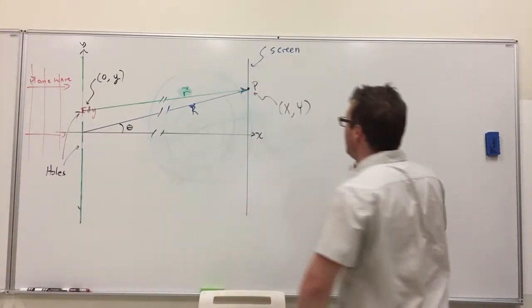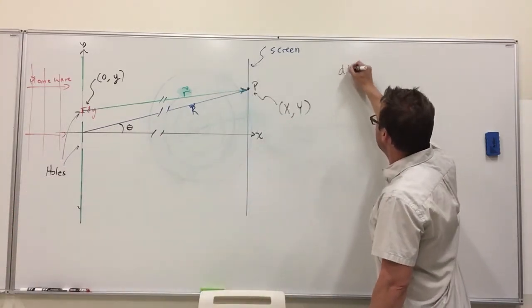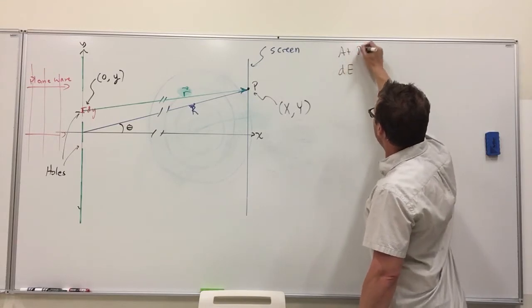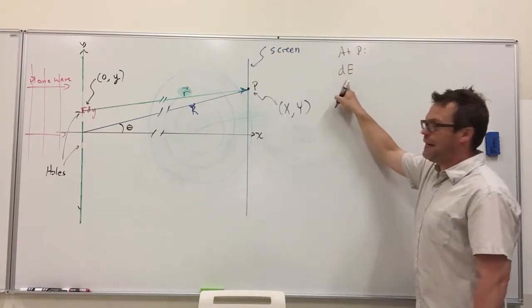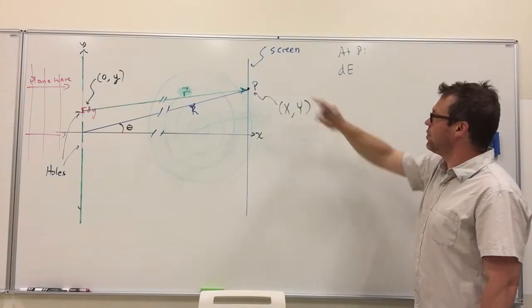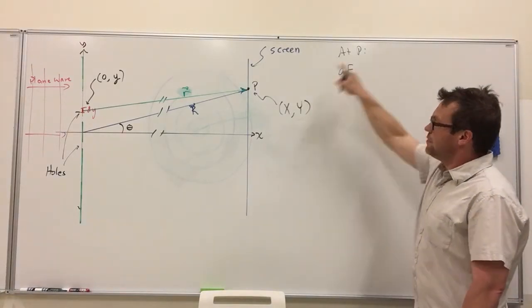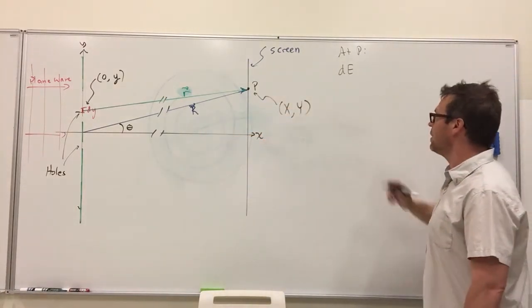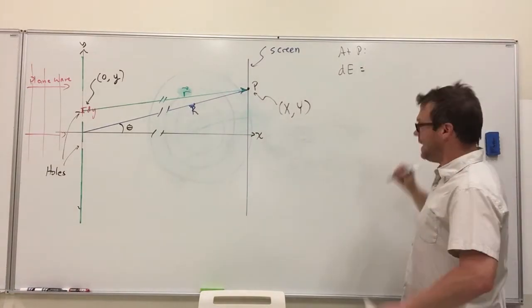I would say that we can write that as, so at P, the tiny infinitesimal contribution to the total electric field at P due to the dy chunk is dE.